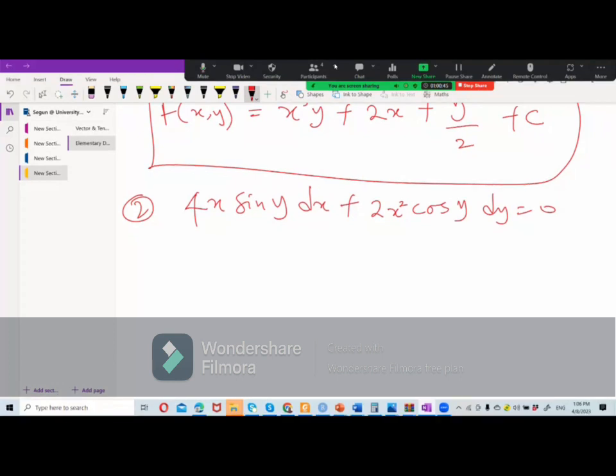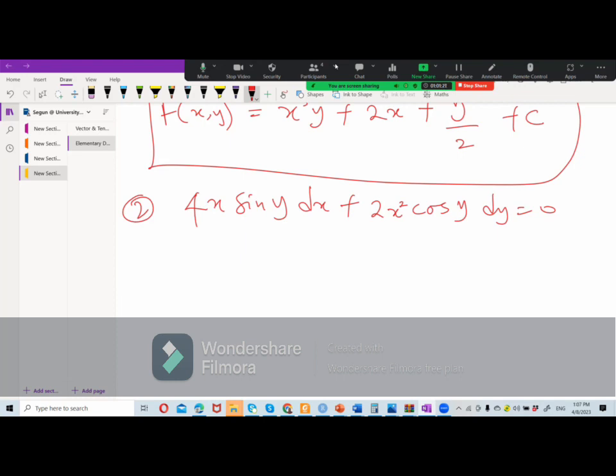how do we solve step by step? Like I promised, I will also show us how it looks like, the way we check. The first thing is we need to check whether it's exact. After we check that it is exact, then you integrate to find f of x comma y. You can use either the f the x or the f the y.